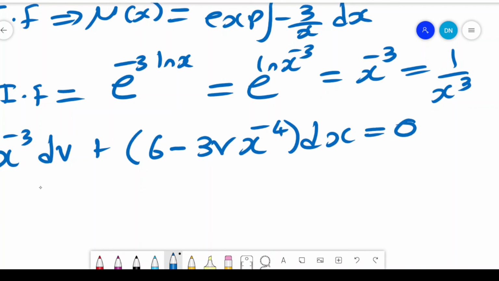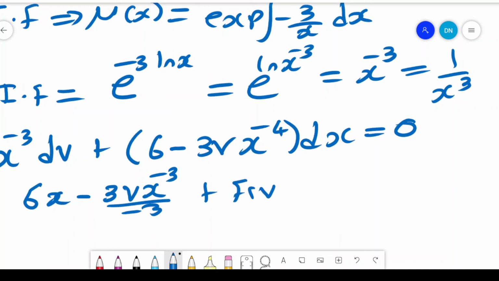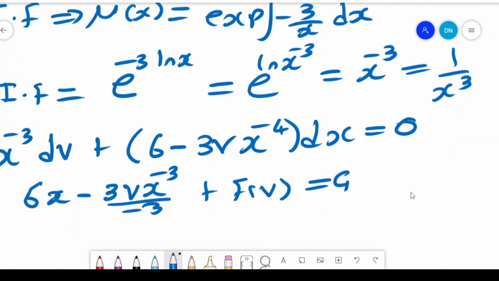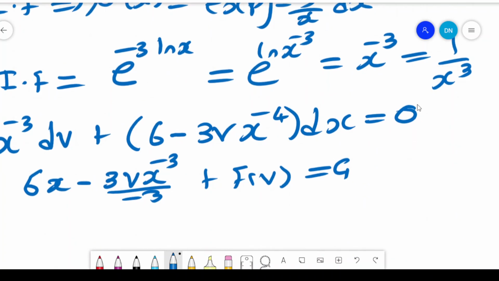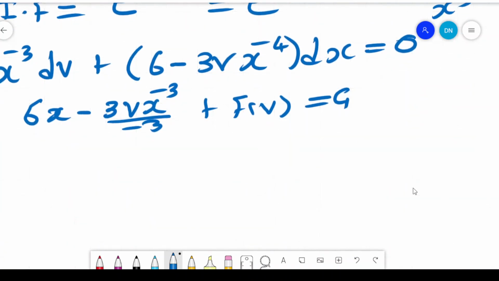Therefore, I can write this as 6x - 3v x^(-3)/(-3) + f(v) = c1. So that is what we are going to do there. We are integrating the component here.